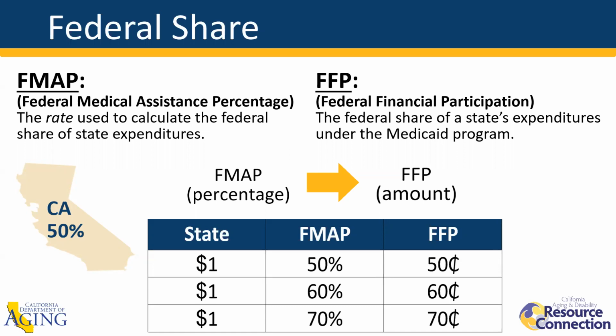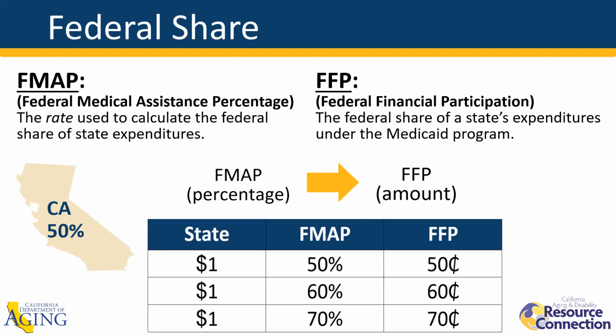It's the actual rate used to calculate the federal share, so it's a percentage. But both of these terms are referring to the same concept. Whenever you hear FFP or FMAP, we're always talking about that federal share or federal match or federal contribution or federal reimbursement. It's all the same idea.